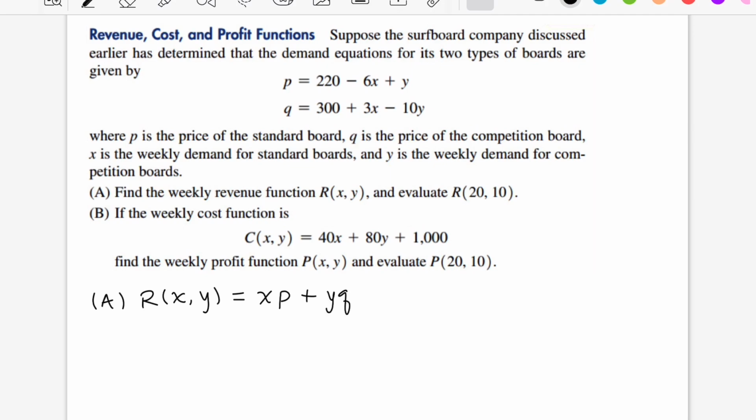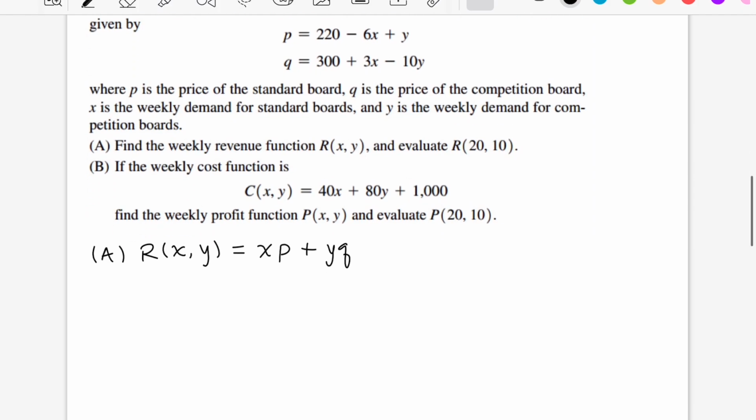So this will be our total revenue for the 2 different types of boards. Plugging in our values for P and Q here, we'll get this here.